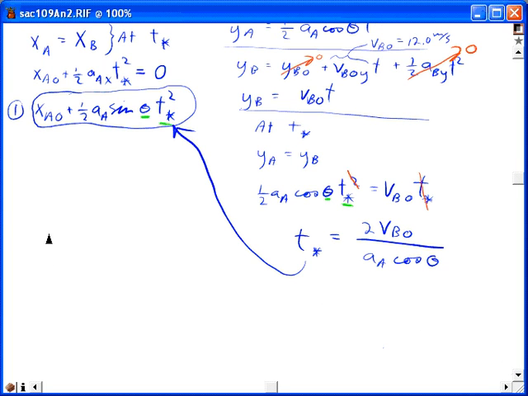And what I'll get is x sub A0 plus 1/2 a sub A sine of theta times 2VB0 over a sub A cosine of theta, all squared. This is a sub A, of course.